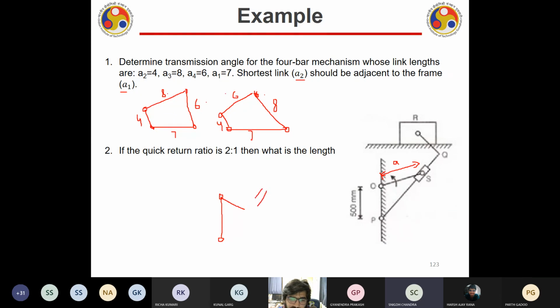And this has to form a 90 degree, since the ratio is 2:3. So this is 90, right? Yes, sir. And this is POS, 500. This length is 500. Correct. If POS is theta, then the above angle will be 2 theta. P and this is S. Correct. Fine. So this is half, right?